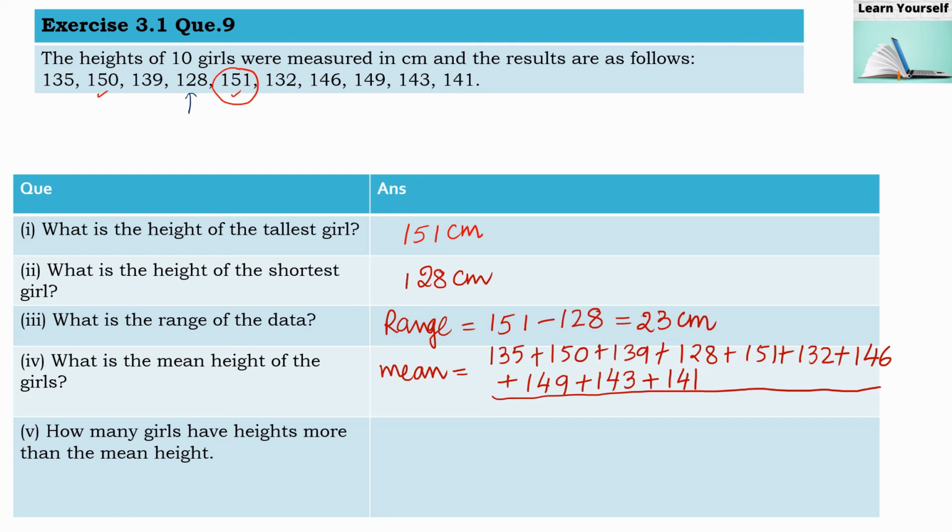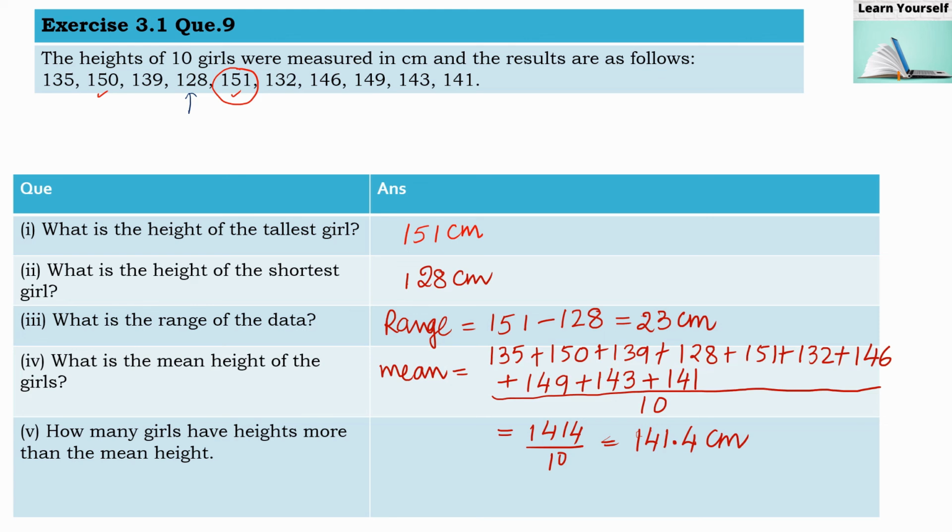How many observations are there? 10 girls, so 10 observations, divided by 10. 1414 divided by 10, so our answer will be 141.4 centimeters. So 141.4 centimeters will be the mean for these observations.